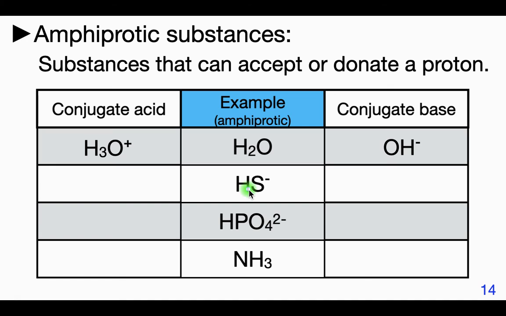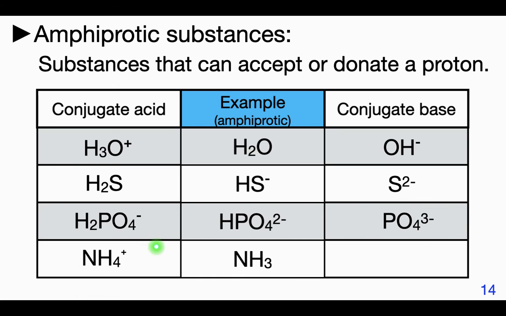If it gained a hydrogen, it would be hydrosulfuric acid. If it lost a hydrogen, it would be the sulfide ion. And the same here, here, here, and here. Now again, remember, when we talk about losing or gaining a hydrogen ion, we have to pay attention to the positive one charge that it carries.